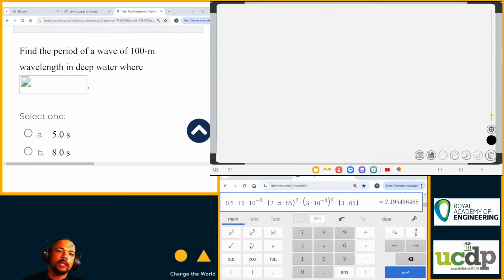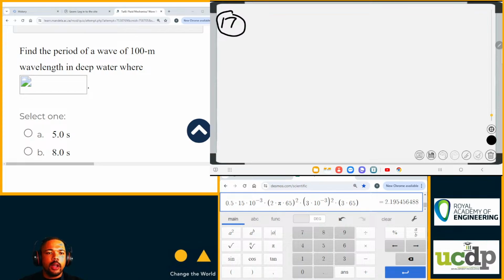Okay, the first one says find the period of a wave of 100-meter wavelength in deep water where. Now, that problem is actually problem number 17.